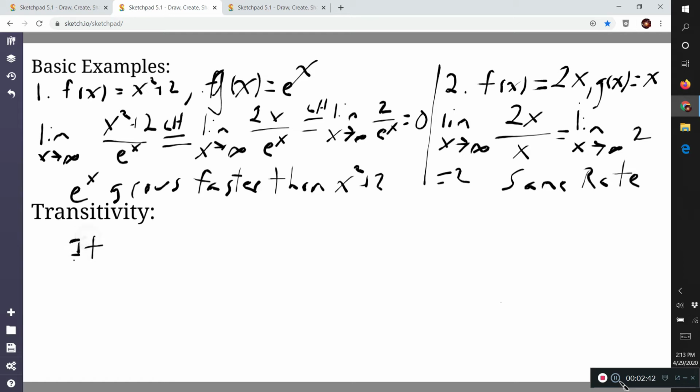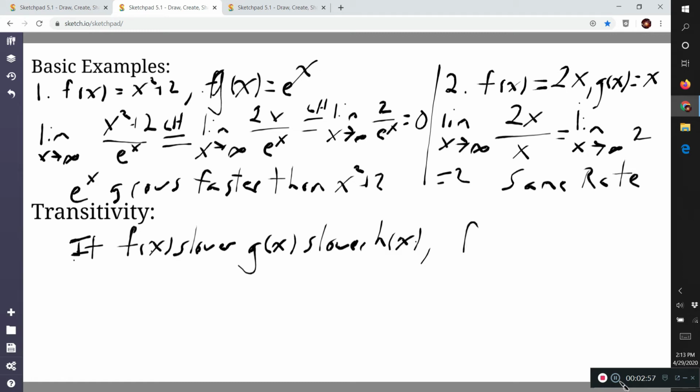Well, if f is slower than g, which is slower than h, then we know that f is slower than h. And we could reverse those statements for faster. If f is faster than g, which is faster than h, then f would be faster than h.